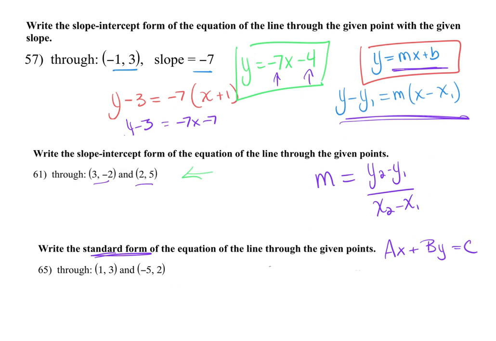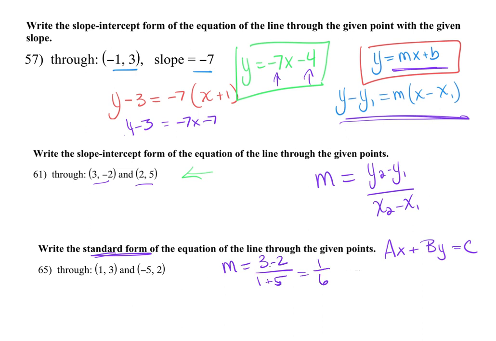All right? So for this one, I would find my slope. y2 minus y1 over x2 minus x1. All right. And then I'm going to do something different with my point slope. You can still start with point slope.